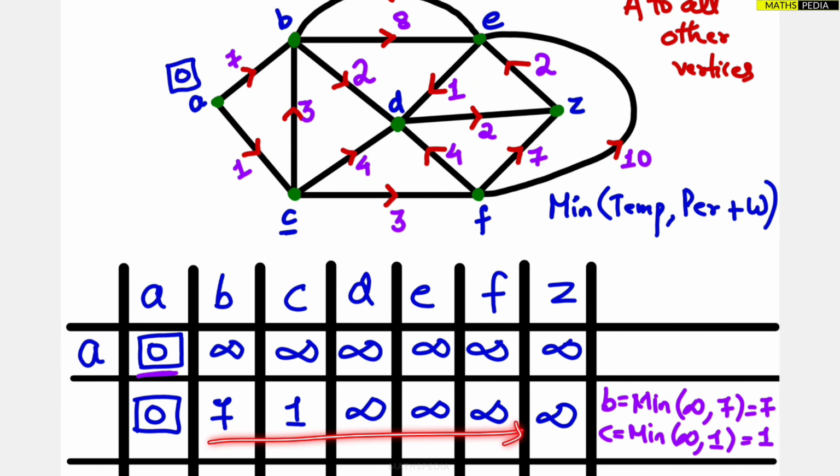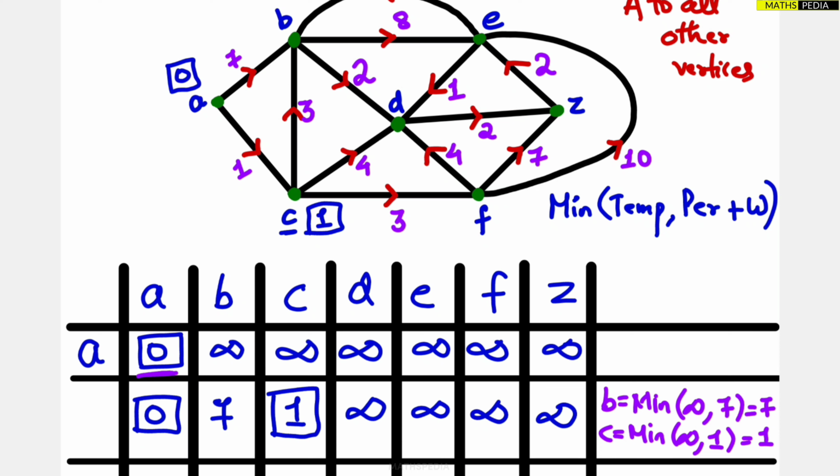Find the minimum value excluding the permanent label. Whatever is a permanent label, leave that. From the other values, you have to take the minimum. That is 1, so I'm going to mark that as 1. Now this 1 represents which vertex? It represents the C vertex. So C has got the new permanent label. So here I can write the permanent label for C is 1. This becomes the permanent label for the next step.